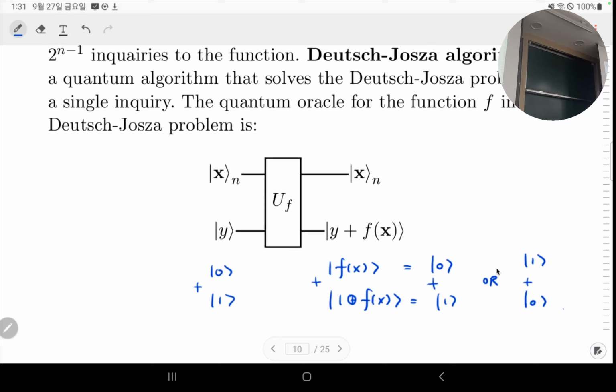So that's why we first initialized it to be minus ket, because you cannot tell the difference in this case. If it's a plus, then you don't have a difference. But if it's a minus, now you get a different state. So this one is not minus ket, and this was minus ket. Now you can tell the difference, right?